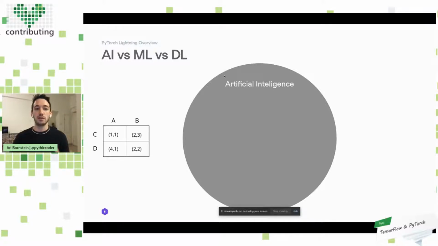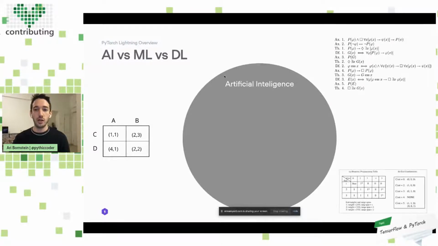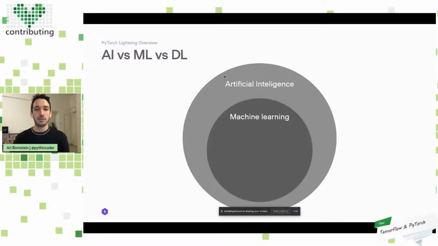In here, we have tons of different methods beyond just machine learning, things like game theory, formal languages and formal logic, even dynamic programming that you might have learned in your undergraduate computer science degree. All of this falls under the field of artificial intelligence.